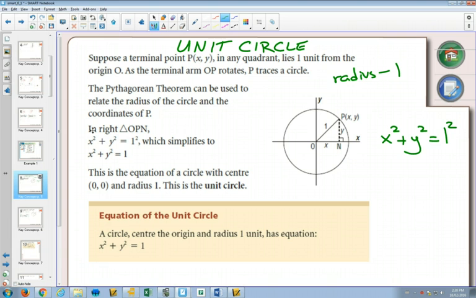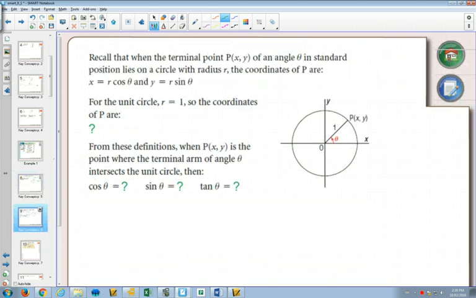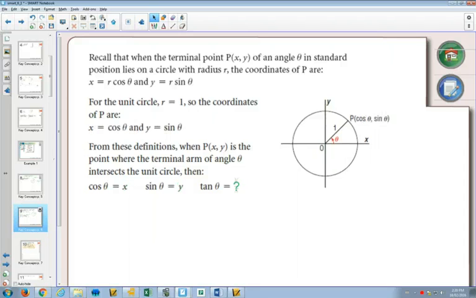Now, what we have that's interesting on the unit circle is if we draw a right-angled triangle again on our unit circle here, then any point is x comma y. And so that means this height would be whatever the y-coordinate is, and this length would be whatever the x-coordinate is.